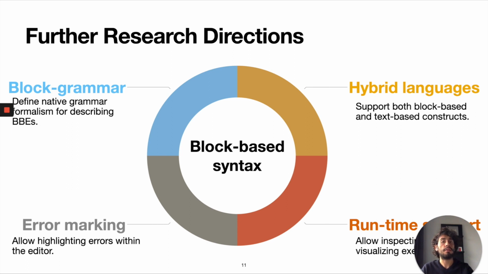So that's an interesting further direction. Finally, we consider error marking an interesting research direction because so far we can only see the errors if we open the console of the block-based environment. It would be interesting to be able to point out where the error is in a block-based environment.